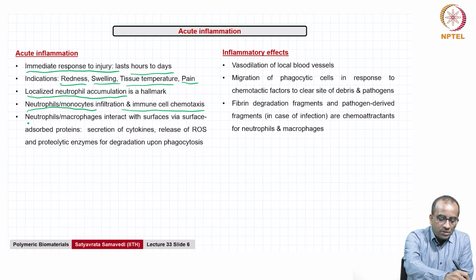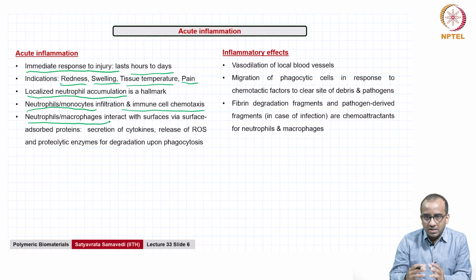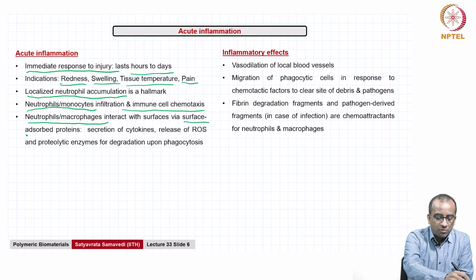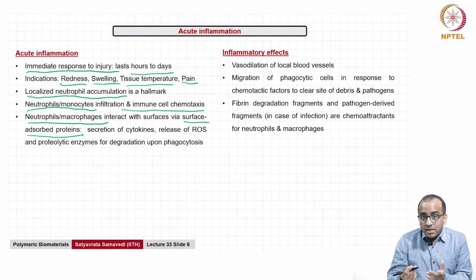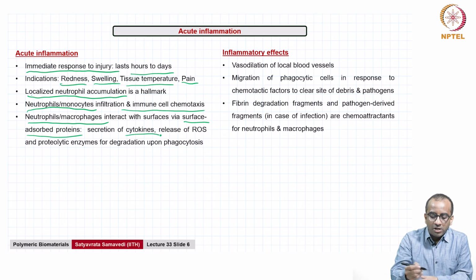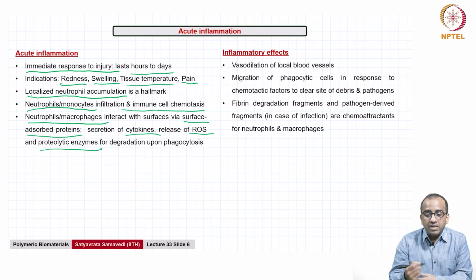And these neutrophils and macrophages that are there at the site interact with these surfaces through surface adsorbed proteins, leading to secretion of signaling molecules such as cytokines, release of reactive oxygen species, and proteolytic enzymes for degradation and phagocytosis. So, these are all some things we will look at in just a bit.